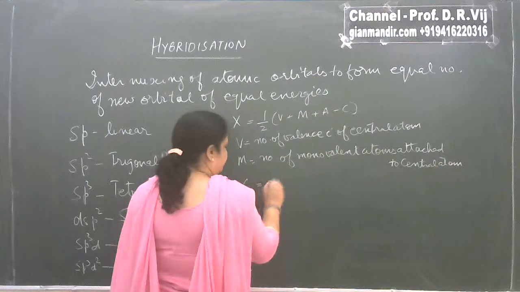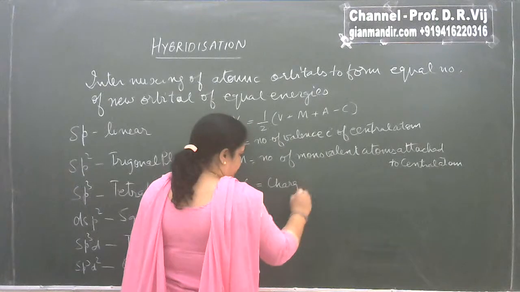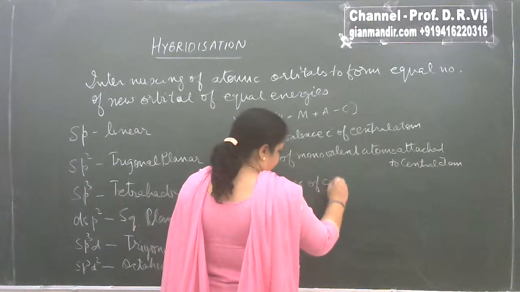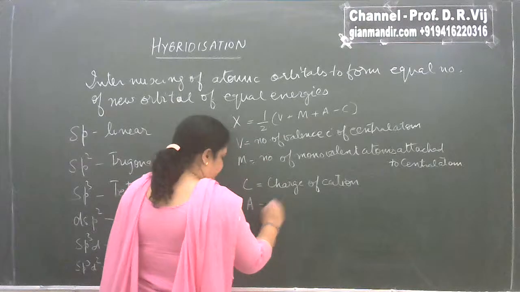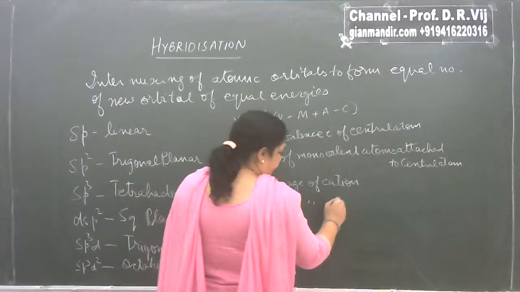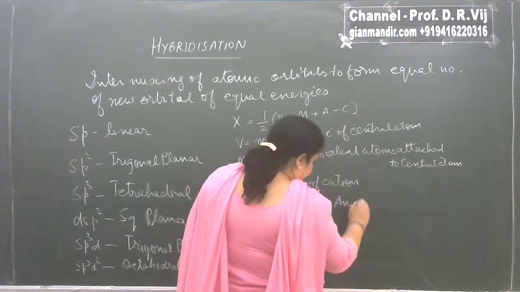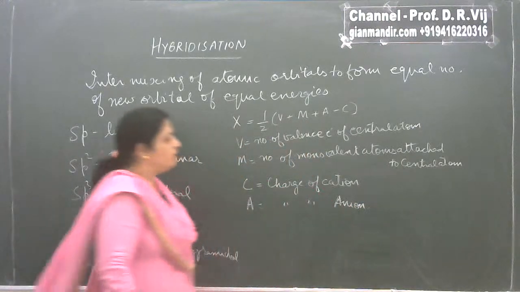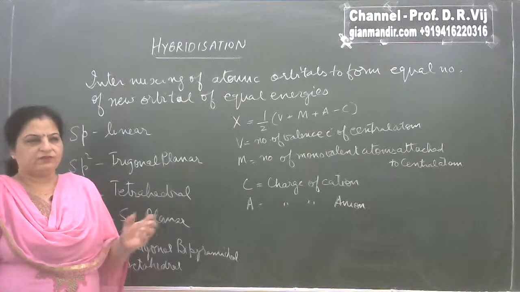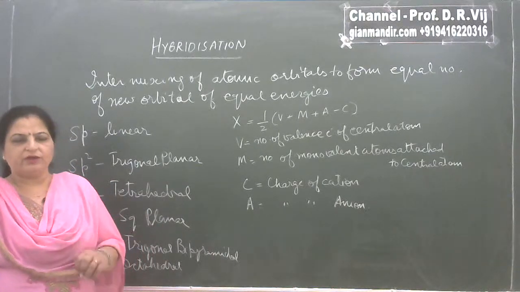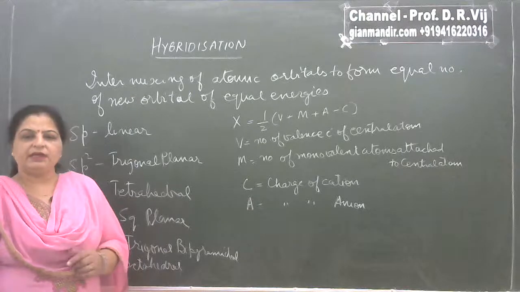C is the charge of the cation, and A is the charge of the anion. By using this relationship, you can find out the value of X, and this value of X will let you know the nature of hybridization, and that will tell you the shape.